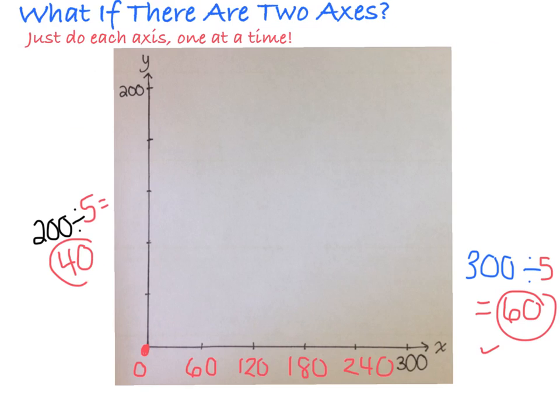So the scaling on our y-axis means it goes up by 40s. So I start at 0, then I go 40, 80, 120, 160, and 200. And we scaled a graph that had two different axes.